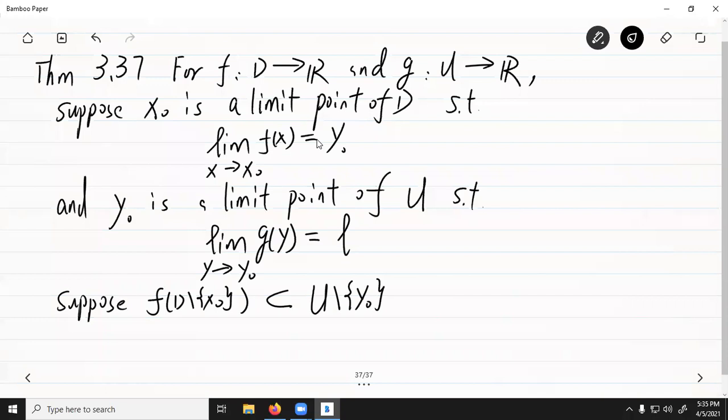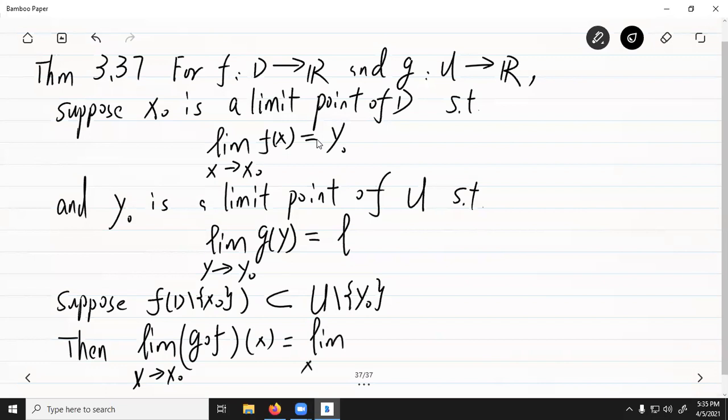Then we have the result that the limit as x approaches x0 of g composed with f of x, which is the limit as x approaches x0 of g of f of x, they're the same thing, right, is equal to L. So this is the limit for the composite function.